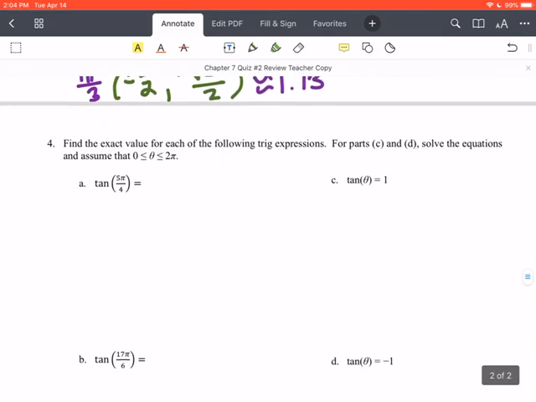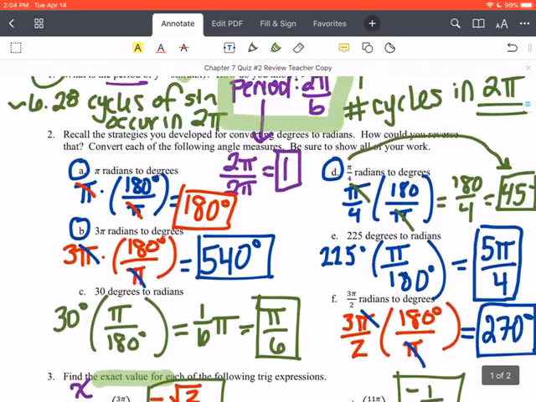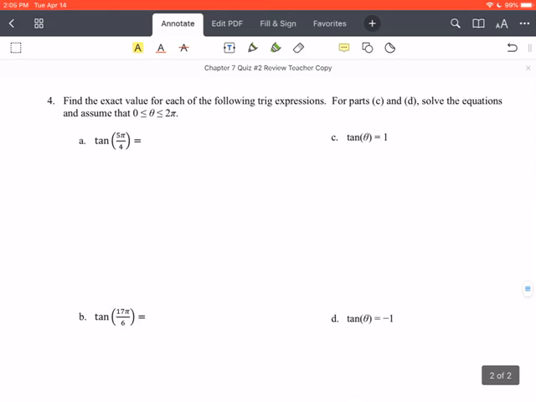All right, now on number, was that number 2? Sorry, that was number 3. All right, on number 4, we are going to find the exact value for each trig expression. So we're pretty much doing the same thing, but then if you notice on C and D, we want to know what angle measure is going to produce the given tangent.